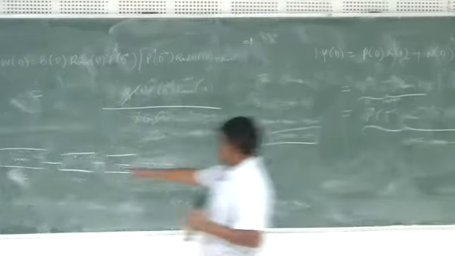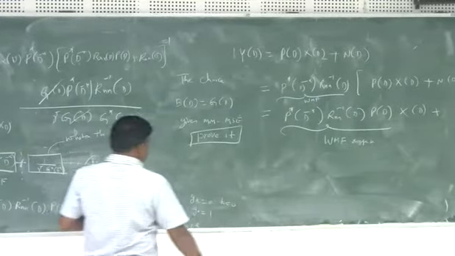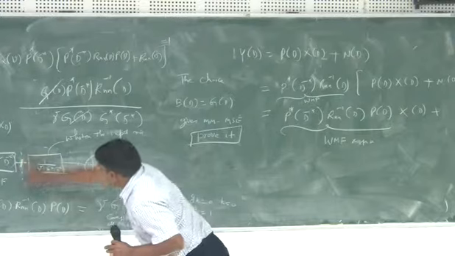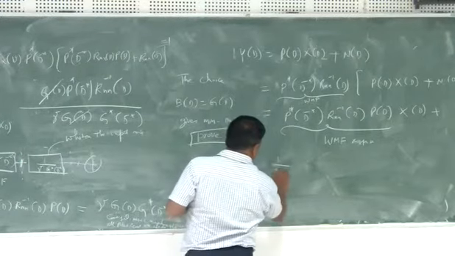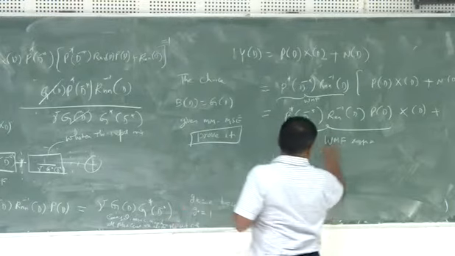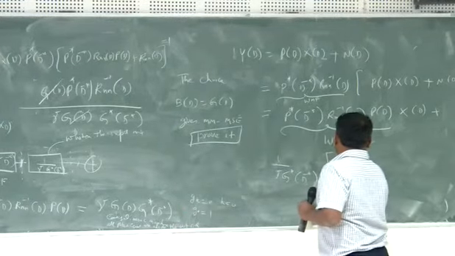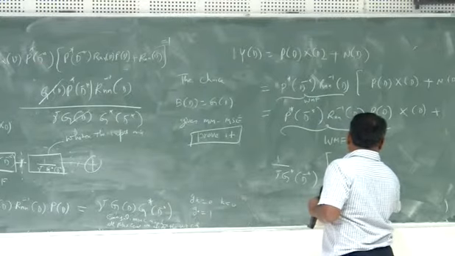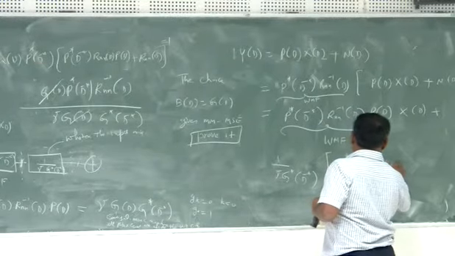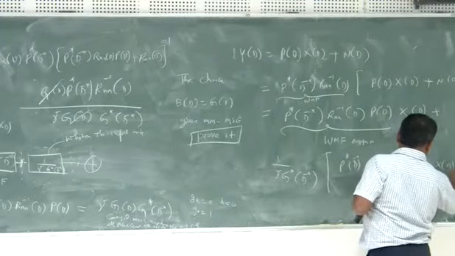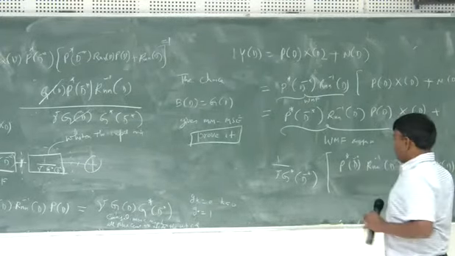Let us say at this point I put this filter. Remember, I have written the system equation up till this point. Now I am going to put gamma into G star D inverse, and then this is the P star D inverse Rn inverse D P of D into X of D plus noise part.